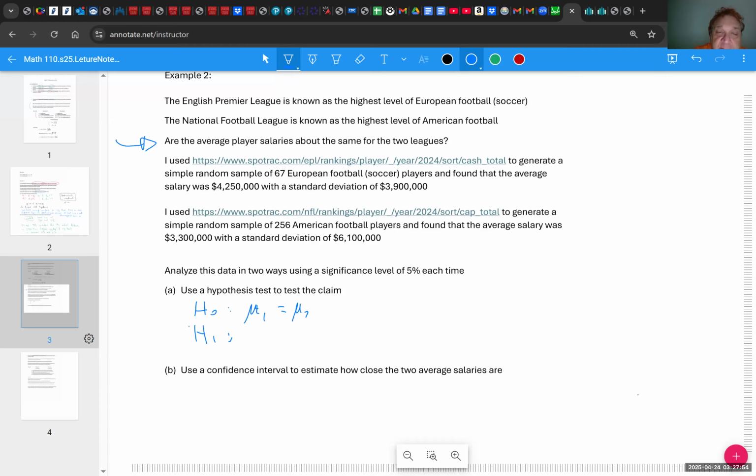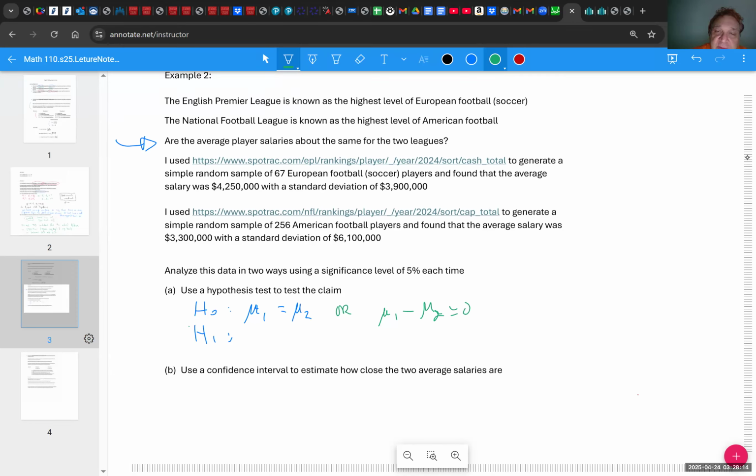In other words, the mean salary for the Premier League players is about the same as the mean salary for the NFL players.